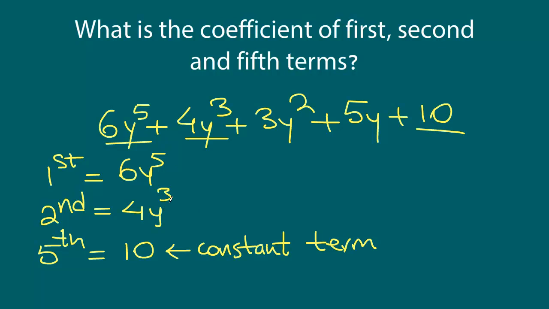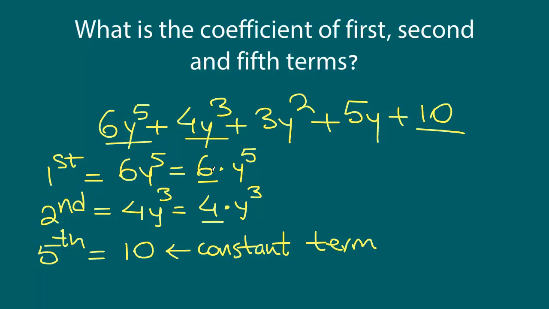What about the first and the second? For the first term, we can write this as the number 6 multiplied by y to the power 5. For the second term, we can write this as the number 4 multiplied by y to the power 3. So for the first term, 6 is the coefficient, and for the second term, 4 is the coefficient.